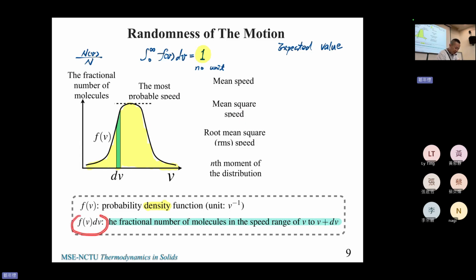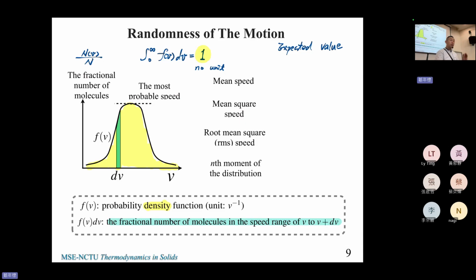So f(v) dv is this. And f(v) dv is a probability. If you have a range from V1 to V2, it is called the probability for that range, for that velocity.